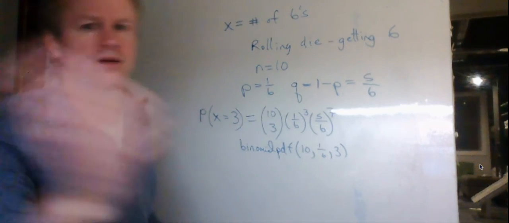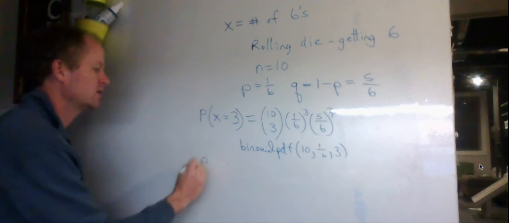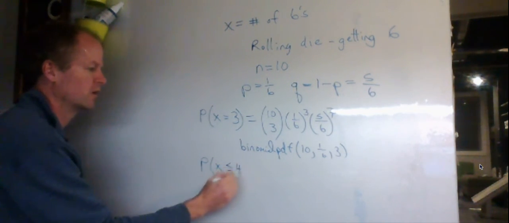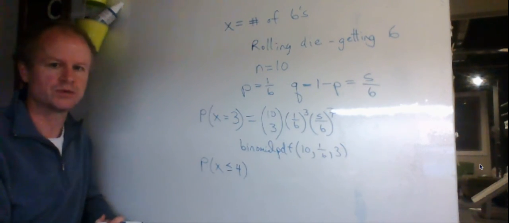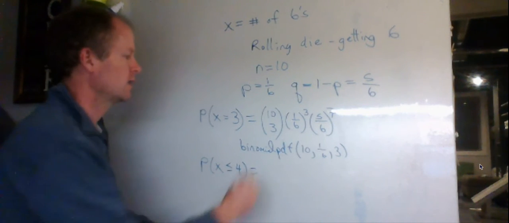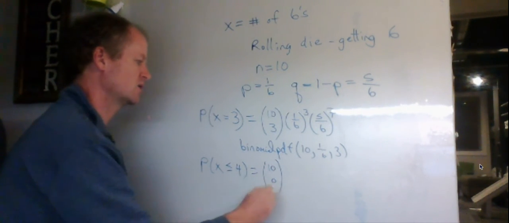Then let's do another one, same situation. What's the probability that X is less than or equal to 4? I'm going to do the same kind of thing. I'm going to start with 10 choose 0, because I could have 0.